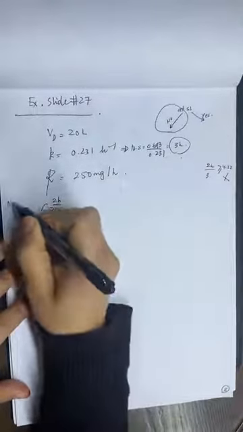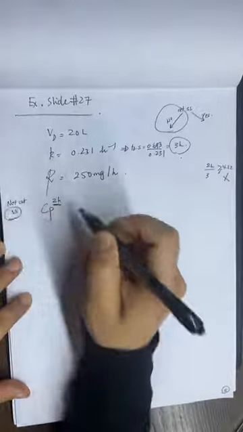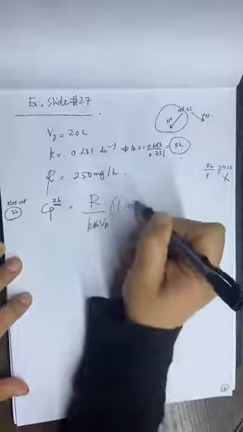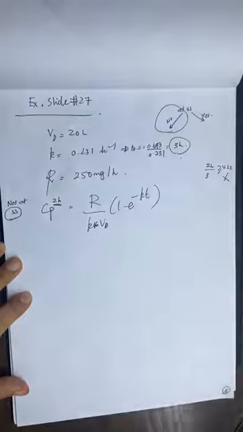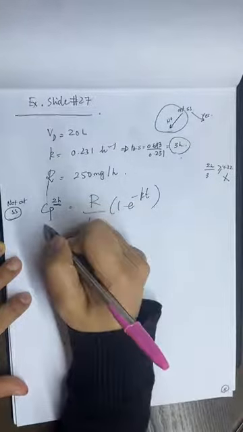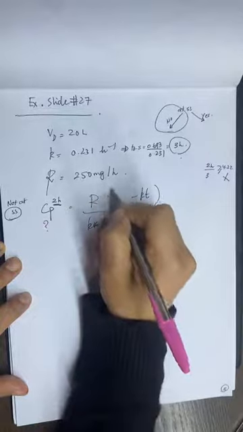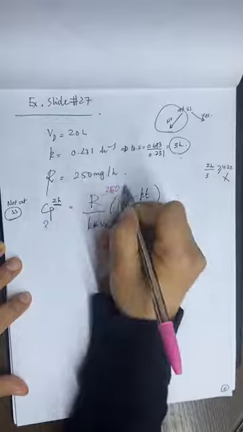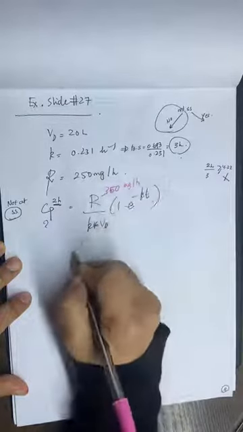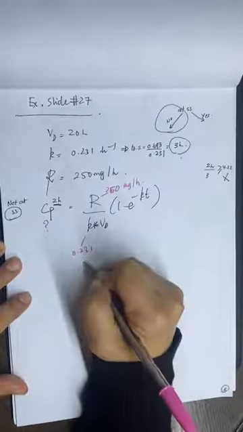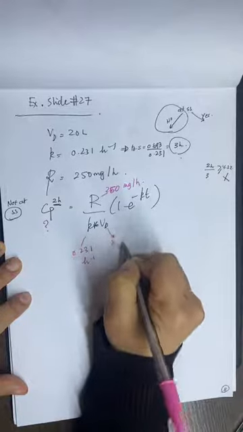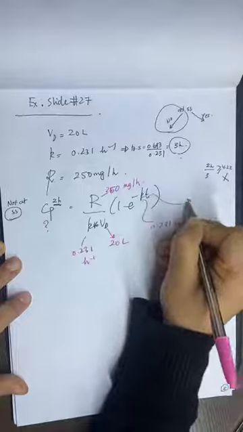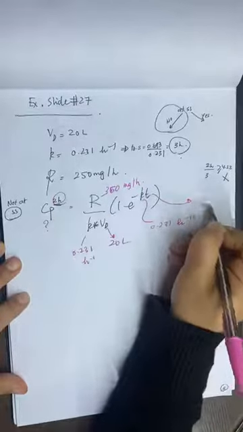So this is our case. We are not at steady state, which means that Cp equals R over K VD times 1 minus e to the minus K time. To substitute, you need R, 250 milligram per hour, over K, 0.231 hour minus 1, times VD, 20 liter, and this is the time that you want, 2 hours.